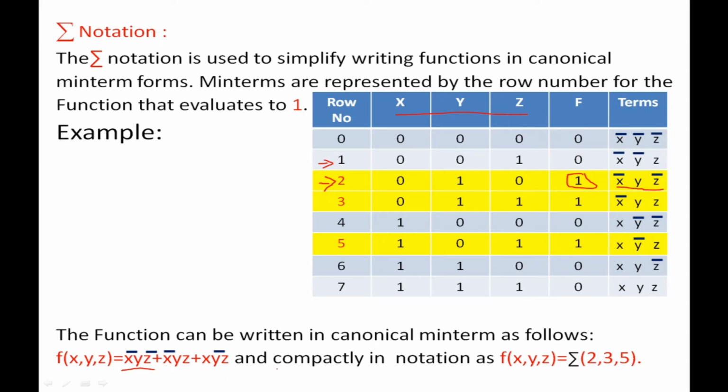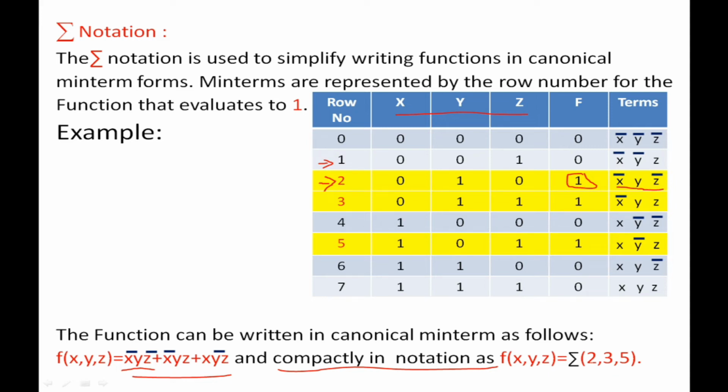So the compact notation that we can use, instead of writing these terms, that is x bar, y, z, x bar, y, z bar, x, y bar, z, these three terms where the function is evaluating to 1, is to directly represent their rows.